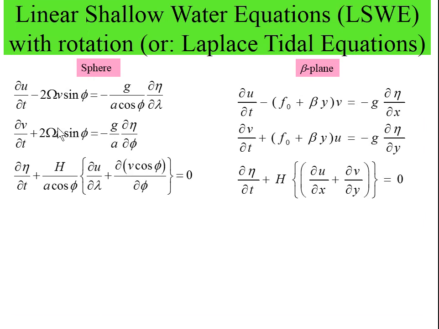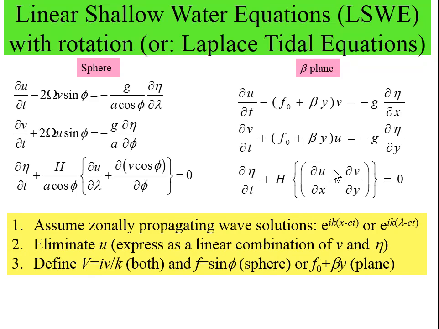Okay, so let's see how we can compare the Cartesian coordinate version of the shallow water equations on the equatorial beta plane, or on any other Cartesian coordinates, and on a sphere. Here you can see the shallow water equations on a sphere and on the beta plane, and in both cases we can easily decompose it into a zonally propagating wave, which has the form of wave number k and phase speed c.